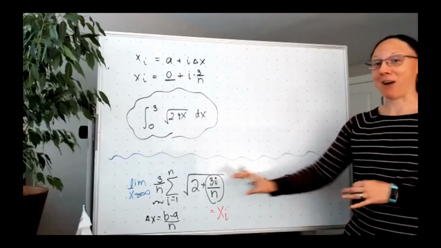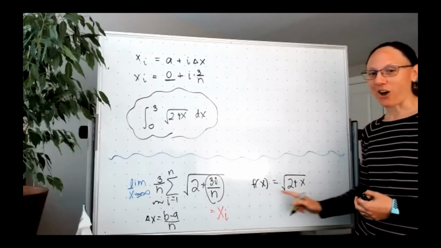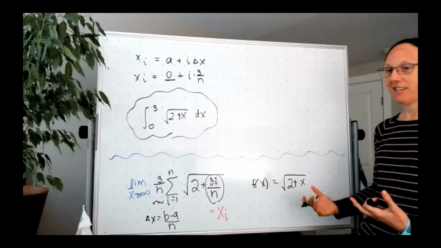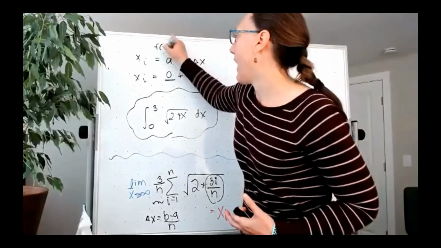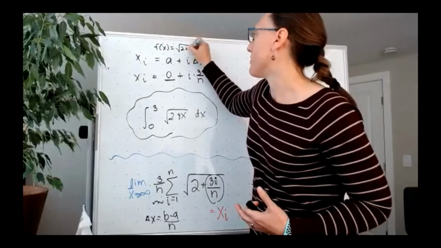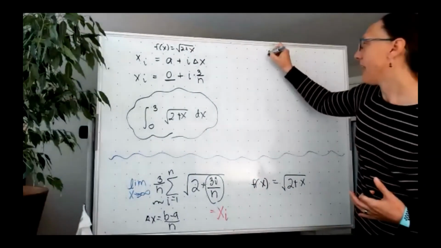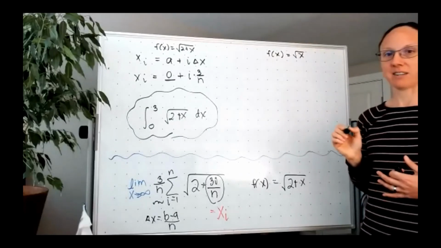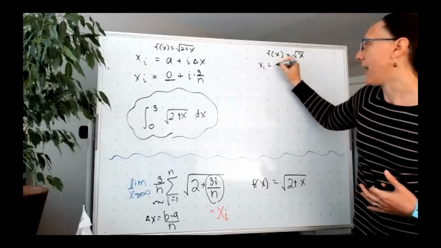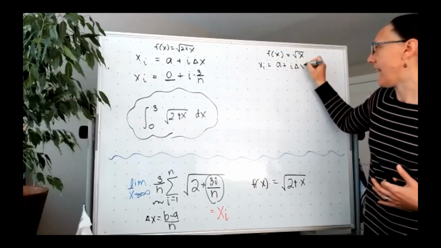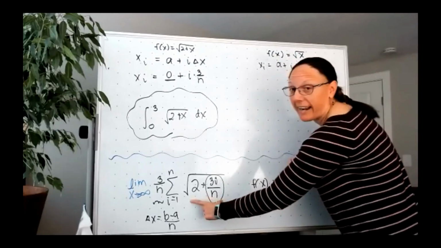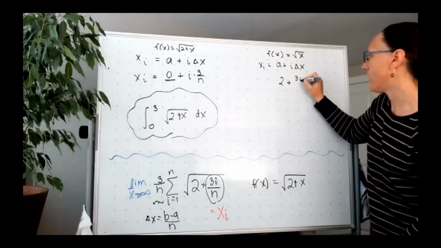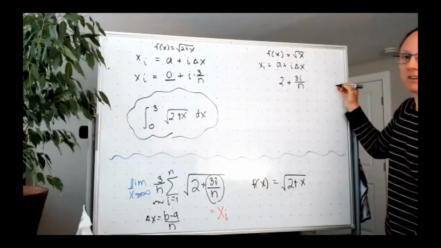So if that were a plus, then the other option that we could have done here for a function, for our f of x being equal to the square root of 2 plus x, is to see my function as the square root of x. Then my x sub i, which would look like a plus i delta x, is 2 plus 3i over n.